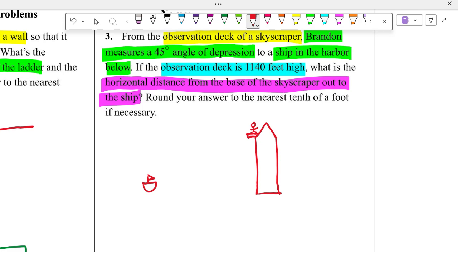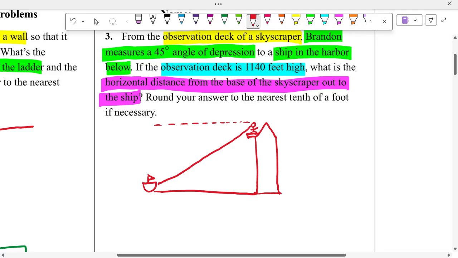It's an angle of depression. So if we're talking about from Brandon to the ship, where would the angle be? Would it be here or would it be here? So in other words, would it be below the observation deck or next to Brandon? Next to Brandon.